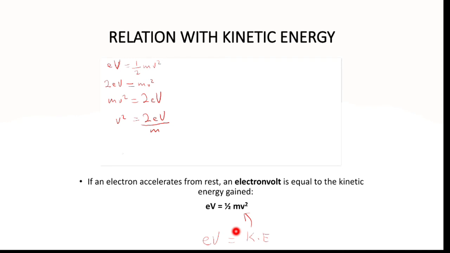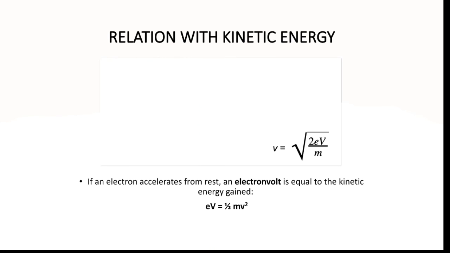Remember we're making the velocity the subject of the formula, so you take the square root: v equals the square root of 2eV divided by m, that's 2 electron volts divided by m, where m is mass. That's what we got here.